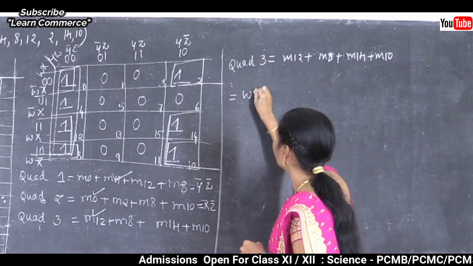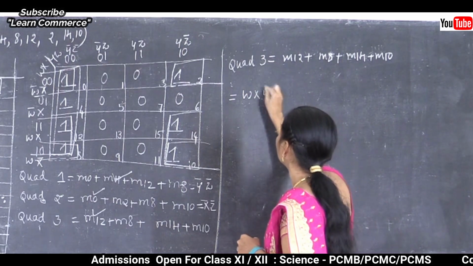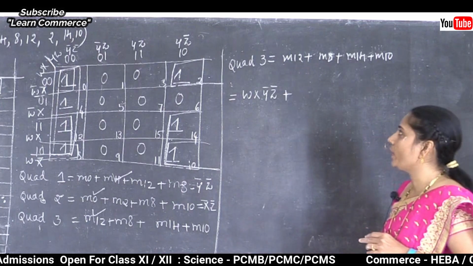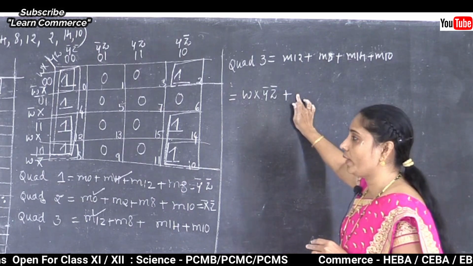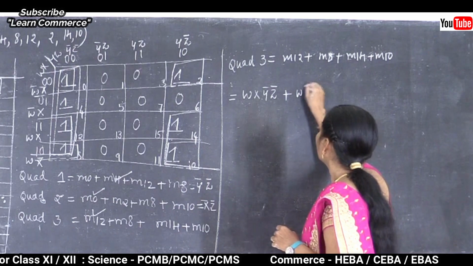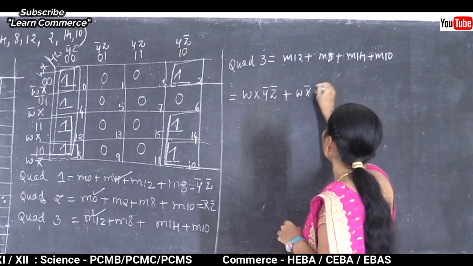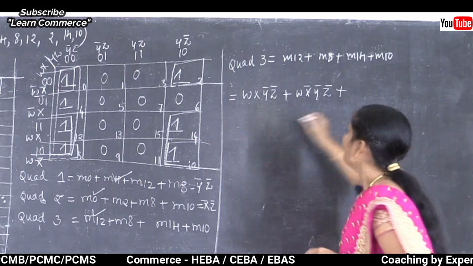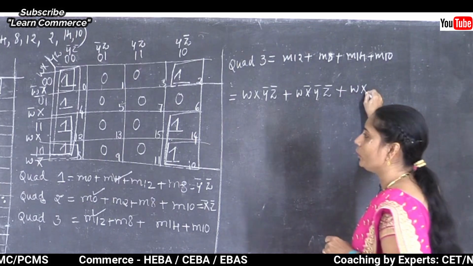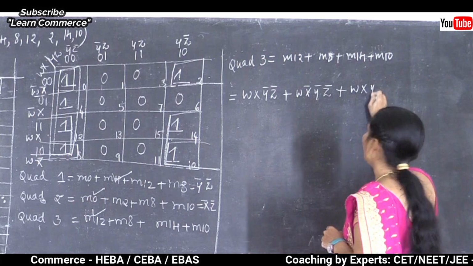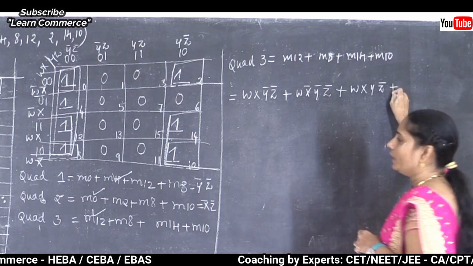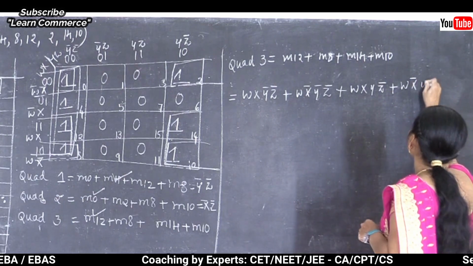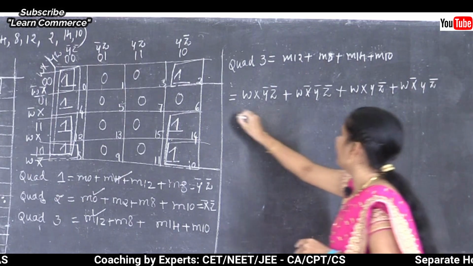We know that the left side value and the top side value we need to take. So the value will be W, X, complement Y, complement Z. Now the 8 value: W, complement X, complement Y, complement Z. The 14 value, the left side value W, X and Y, complement Z, and the 10 value is W, complement X, Y, complement Z.